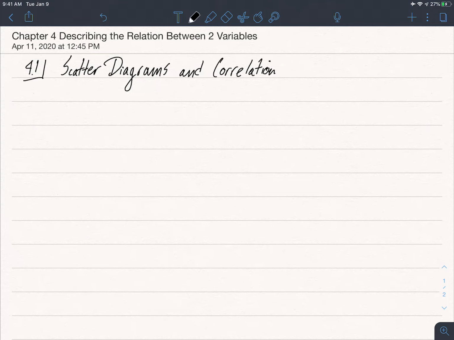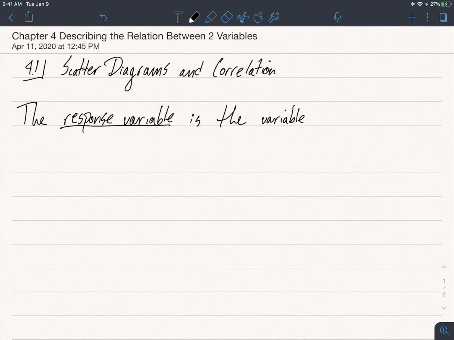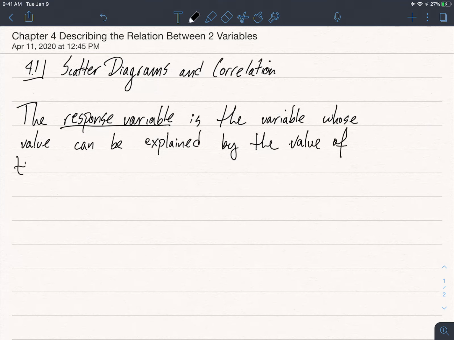So, the response variable is the variable whose value can be explained by the value of the explanatory variable.